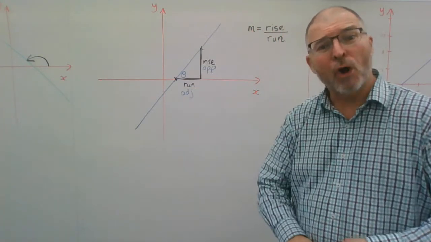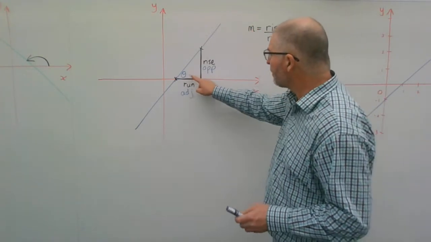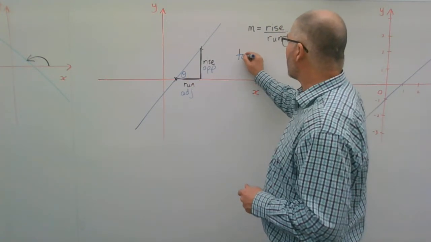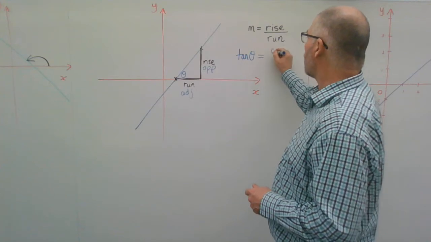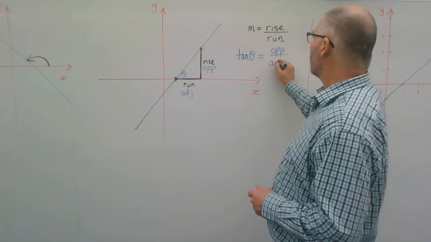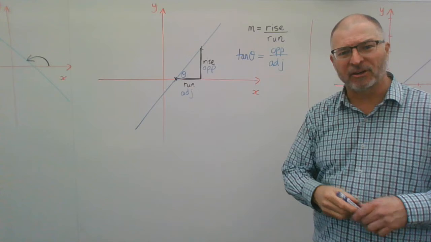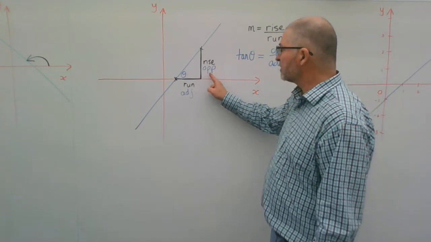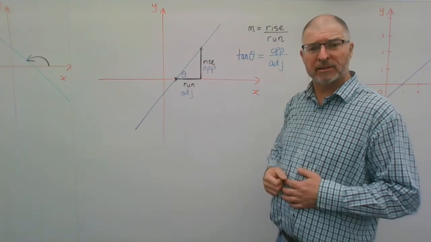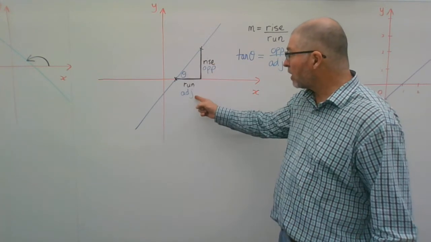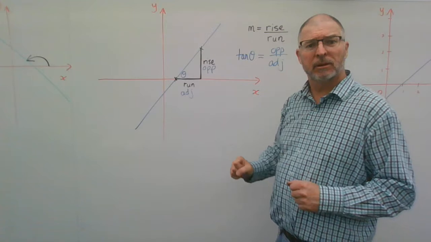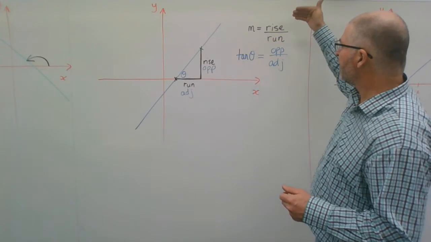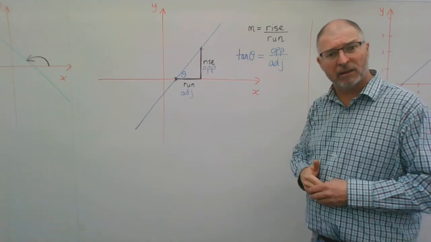So instead of rise over run, if you're talking about that angle there, you can say tan theta equals opposite on adjacent from that diagram. But the opposite side is the same as the rise, and the adjacent side is the same as the run. So the opposite over the adjacent here is the same as the rise over the run.